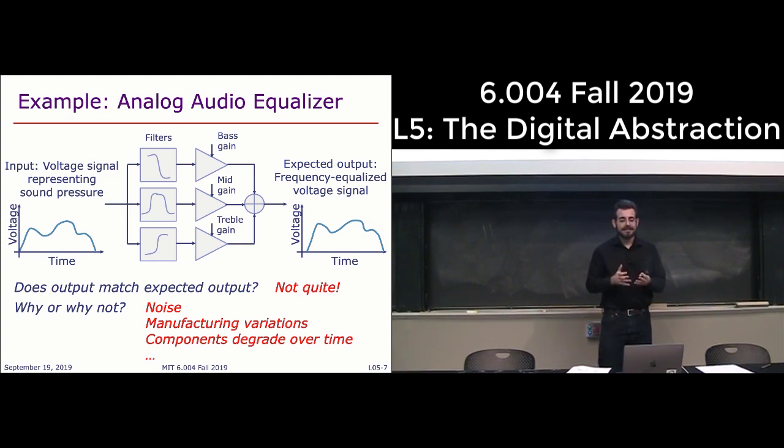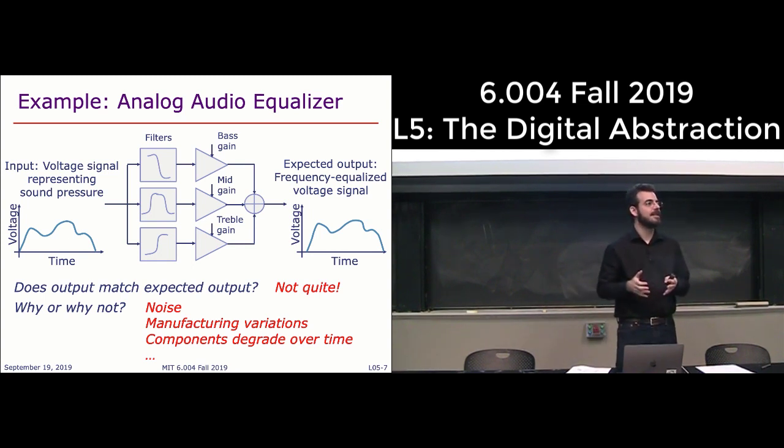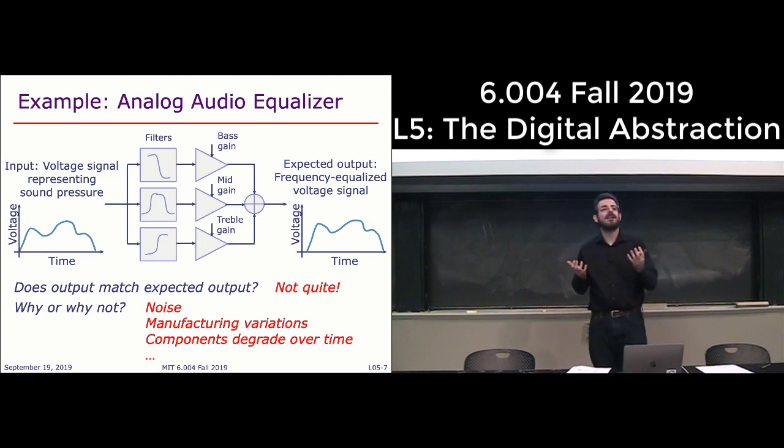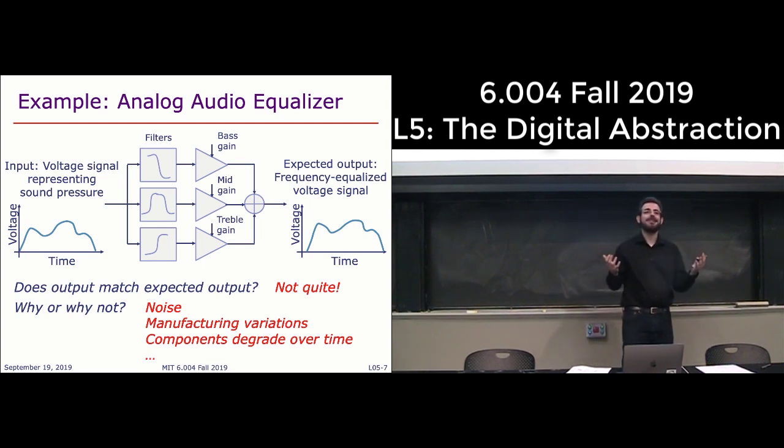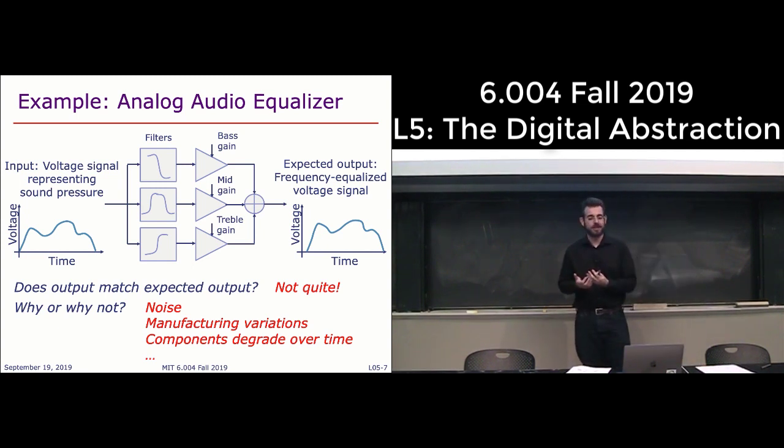So this is a really bad abstraction. If we had to deal with analog systems, it would be very hard to build large systems out of these components, which is why any time you need to do some serious processing of information, you go digital.